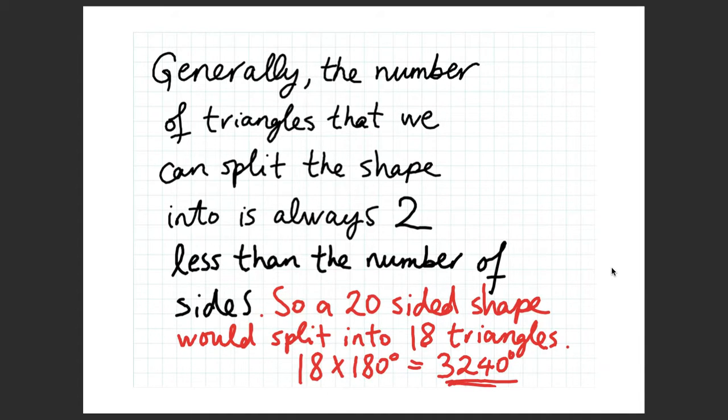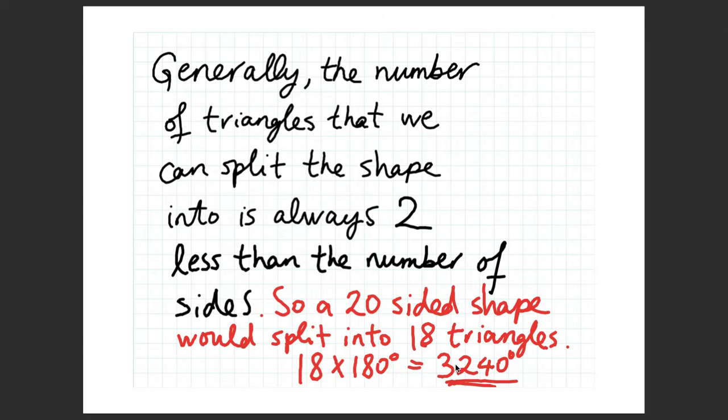And there's the observation. Generally, the number of triangles that we can split the shape into is always 2 less, or 2 fewer, I should say, than the number of sides. So a 20-sided shape would split into 18 triangles. So if you had to figure out what the angles in a 20-sided shape add up to, it would be 18 times 180.